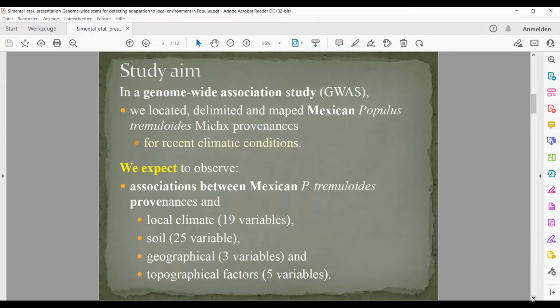We expect in this study an association between Mexican Populus tremuloides provenances and local climate, soil, geographical, and topographical factors.